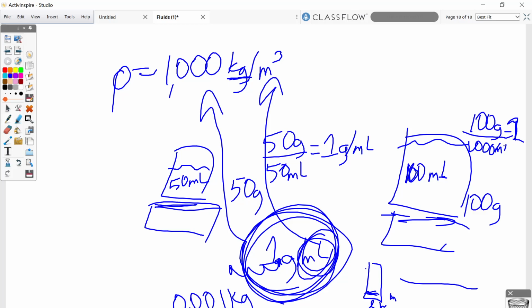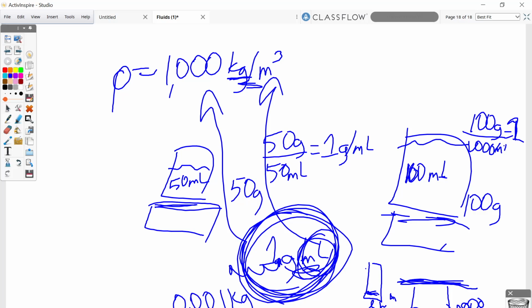But a milliliter, if I drew it here to scale, you wouldn't be able to see it. It's a very, very tiny amount, okay? So it's going to be like 0.00000 something meters cubed. Pretty much, guys, they just converted gram per milliliter to this.